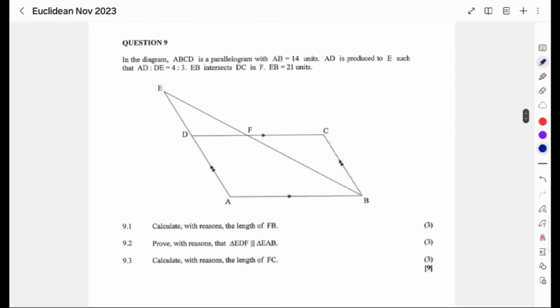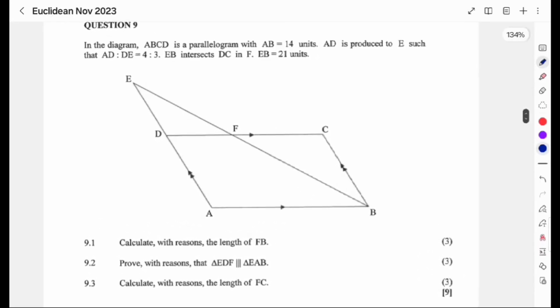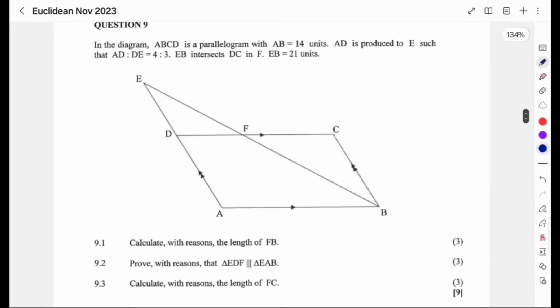Next, we have question 9. Now, question 9 states, in the diagram, ABCD is a parallelogram. Please take note that the properties of a parallelogram are that the opposite sides are equal, the opposite sides are parallel, the opposite angles are equal, and the diagonals bisect each other.